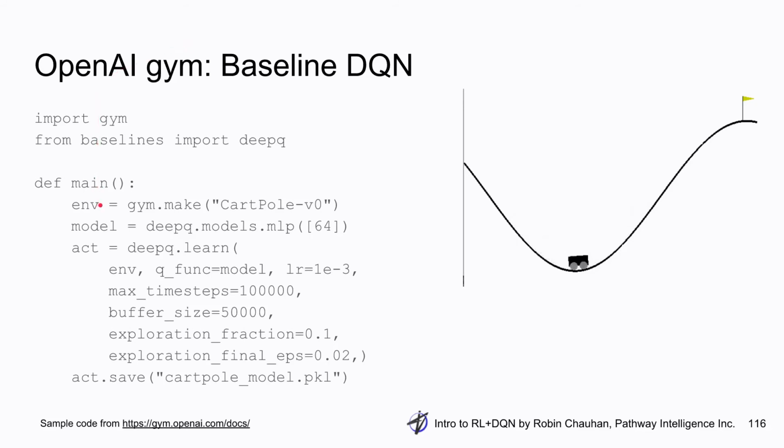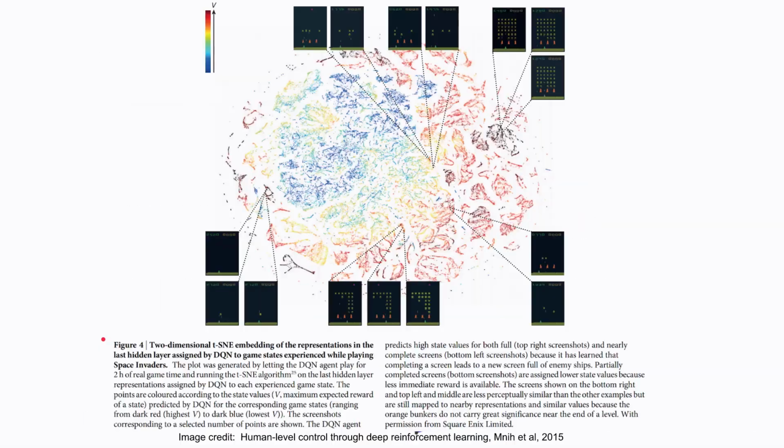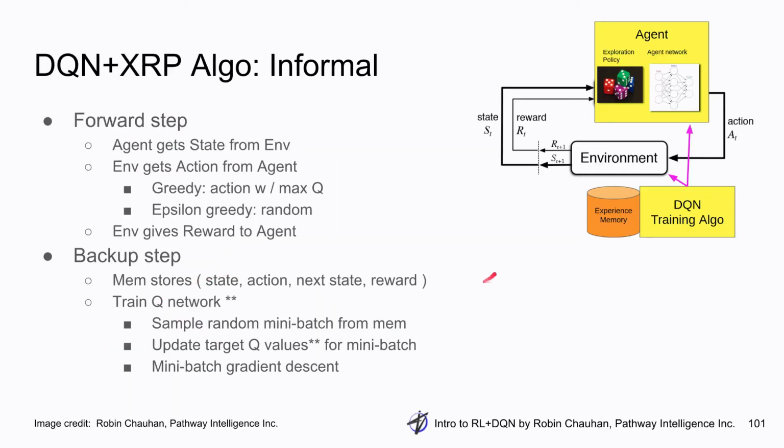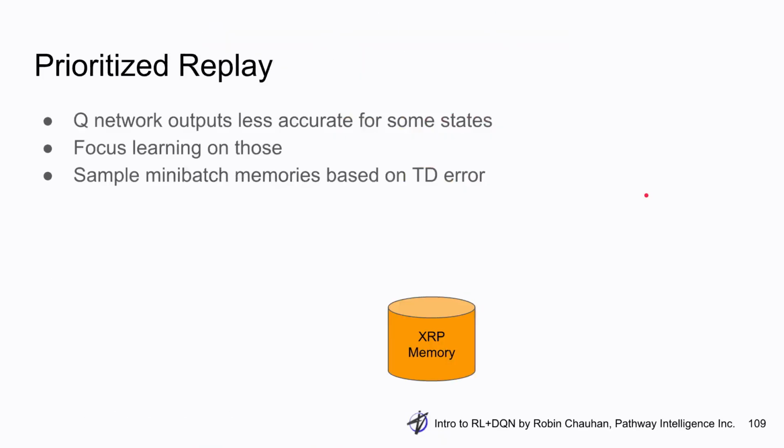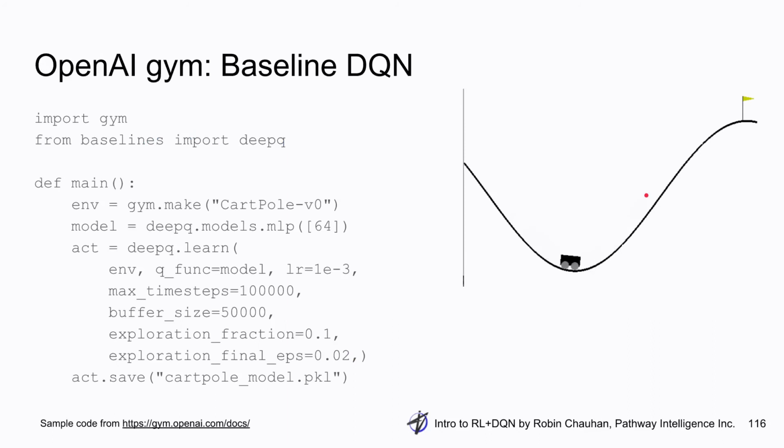And this is how it looks. Here, the DQN training algorithm is controlling the environment and the agent and all that stuff. So here's deepq.learn. That's the training system, and it takes an environment, right? And it takes an input of a model, like an actual network model.